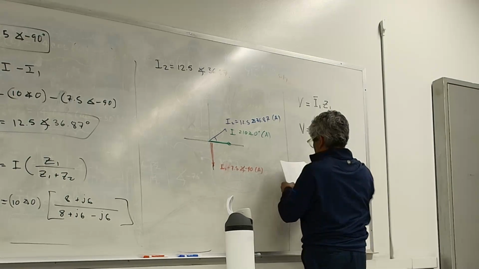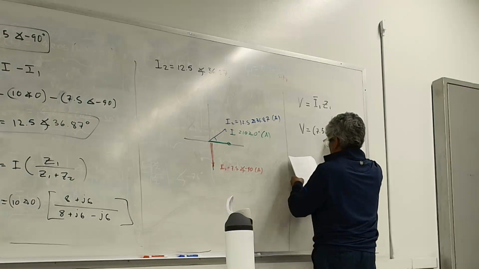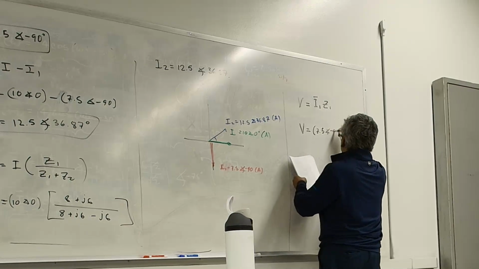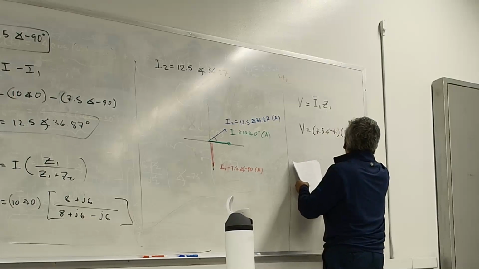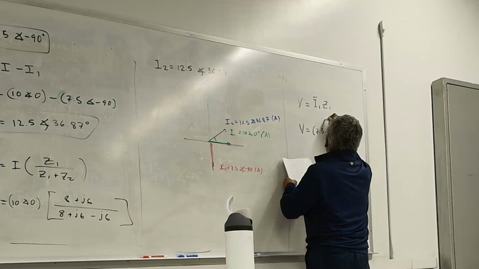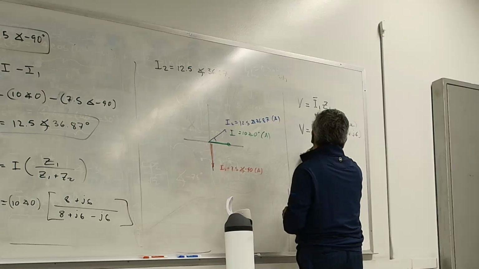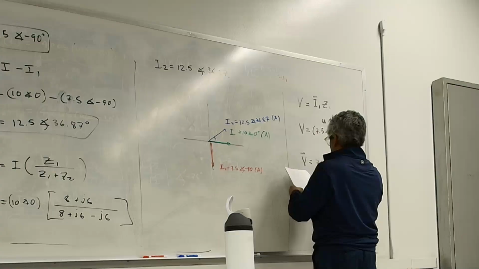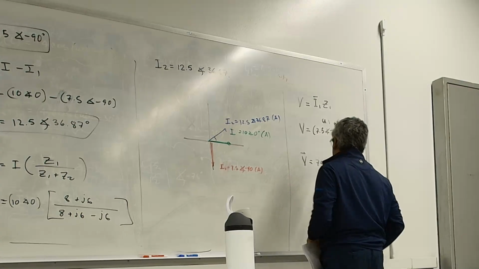So V is equal to I1, which is 7.5 at an angle of minus 90 degrees, everybody okay with that? And the impedance Z1 is 8 plus j6, in ohms, and the current is in amps. So the voltage phasor is equal to 75 at an angle of minus 53.1 degrees.